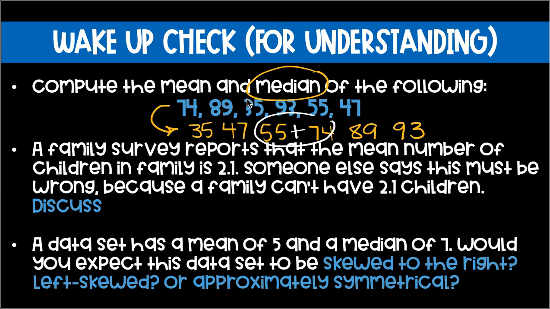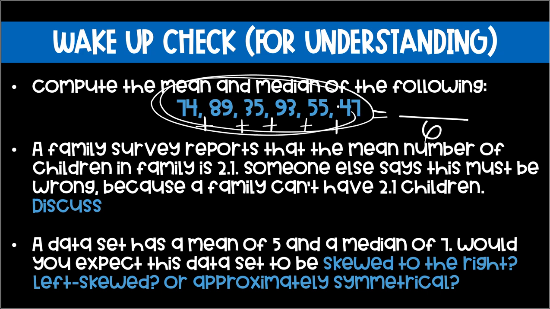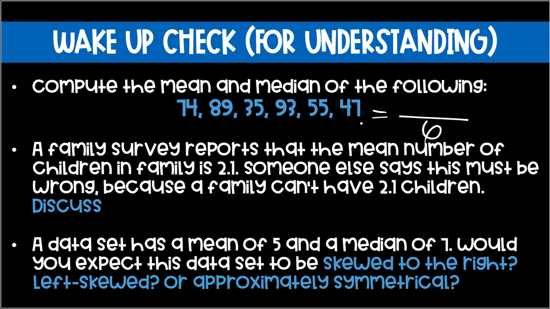And to find your mean, you have to add all of these values, 74 plus 89 plus 35 plus 93 plus 55 plus 47, and whatever that gives you, you're going to divide by 6 because we have a total of 6 values. For calculating the mean, you don't have to have them in increasing order, or any particular arrangement of your dataset values.